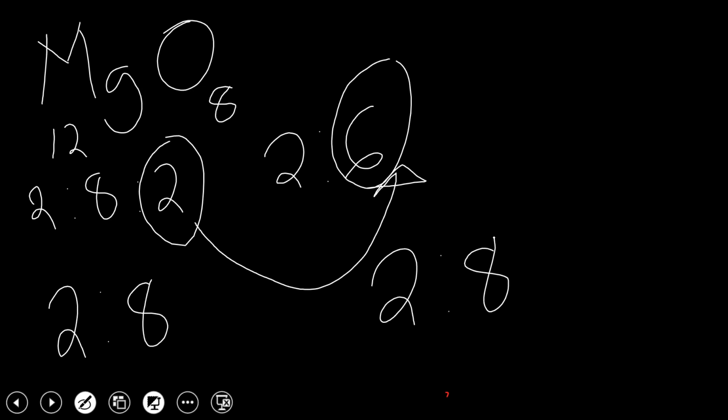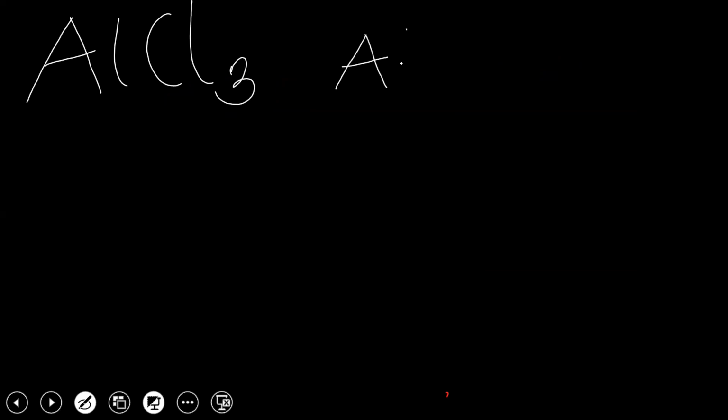Maybe lastly I can talk about aluminium chloride. That's the formula of aluminium chloride. When they are combining, we have aluminium and chlorine.